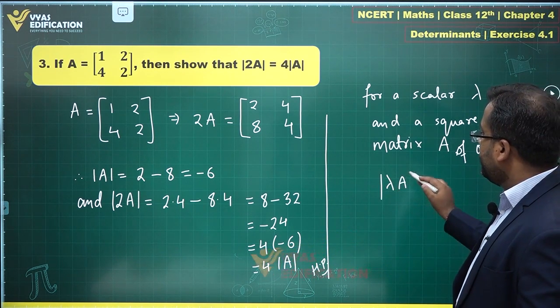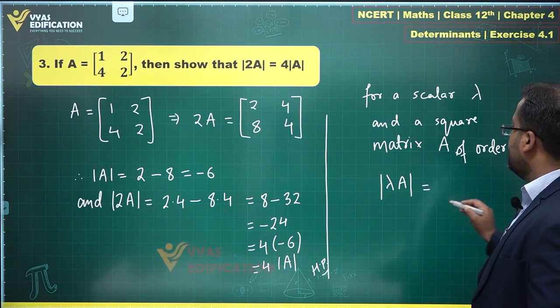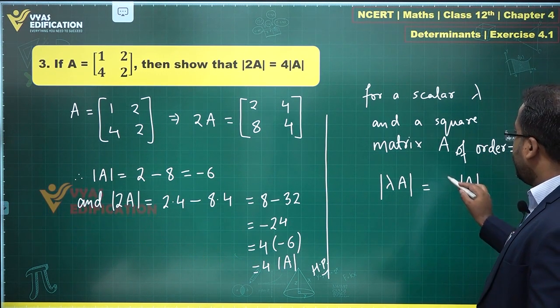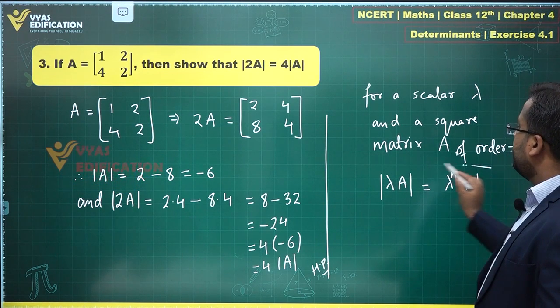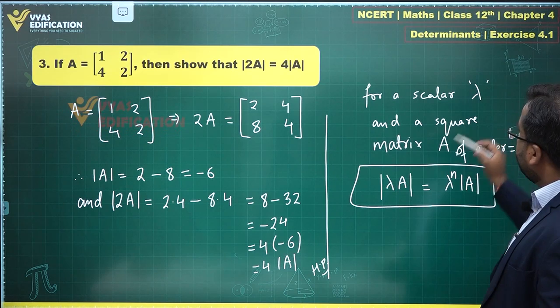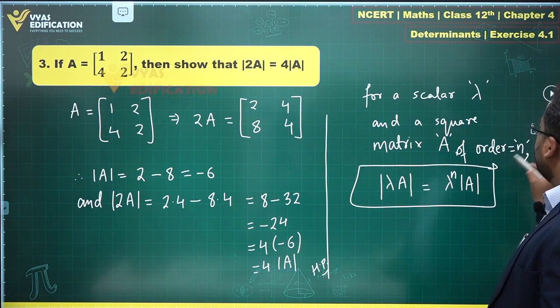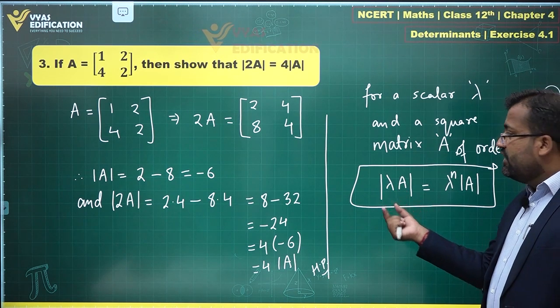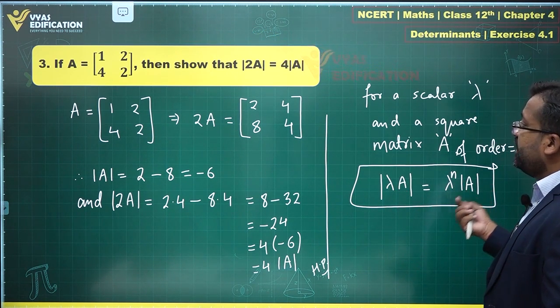And the determinant of this will be equal to, in terms of determinant of A, lambda power n times determinant of A. For any scalar lambda and a matrix A of order n, the determinant of lambda A will be equal to lambda power n times determinant of A.